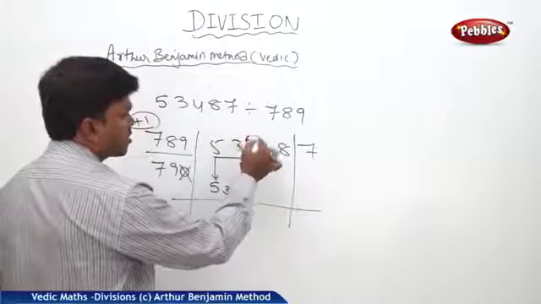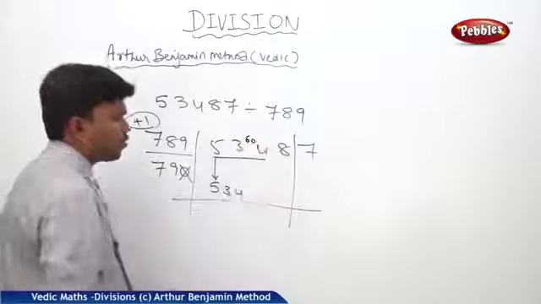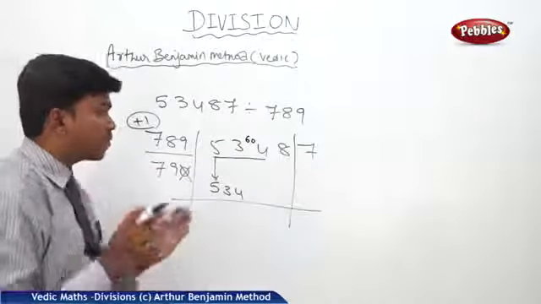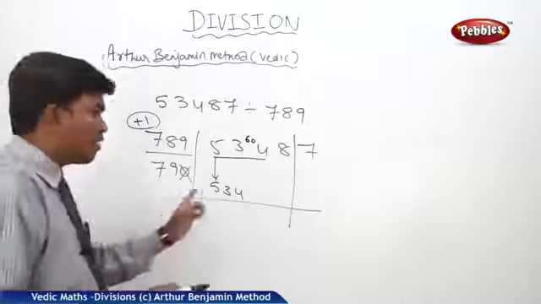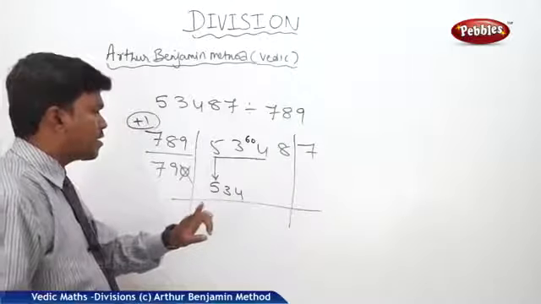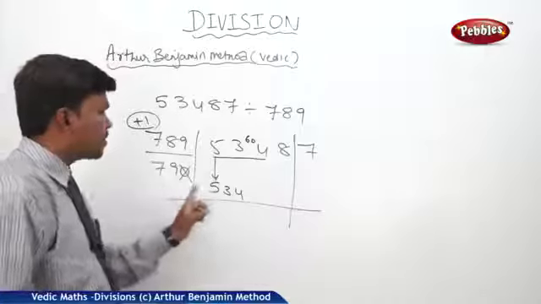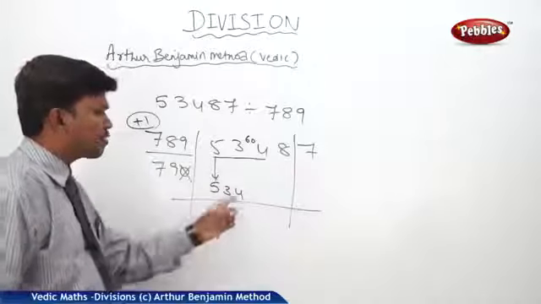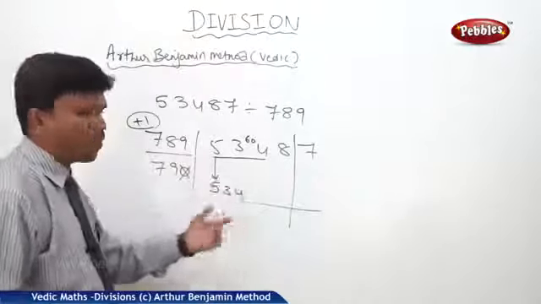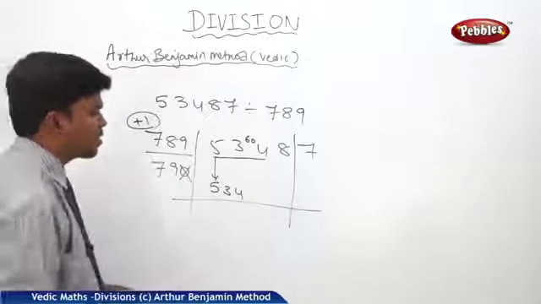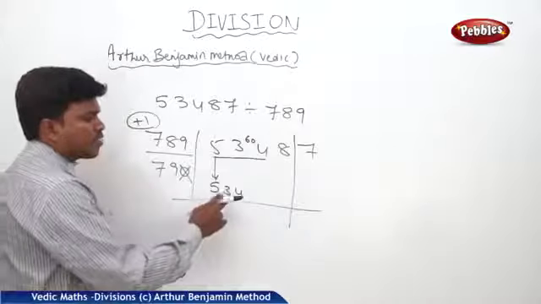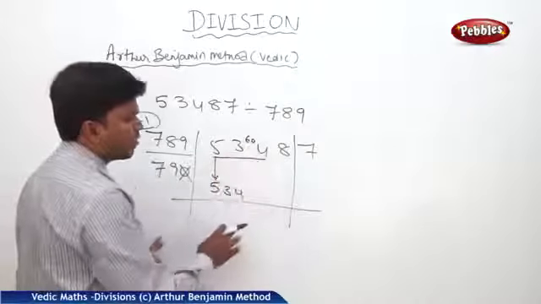It's 60. 534 minus 470. See, I am doing the calculations in the mind. You also do it in the same way. 534 minus 474, that means 4 minus 4 is 0, 53 minus 47 is how much? 6. So it is 60.